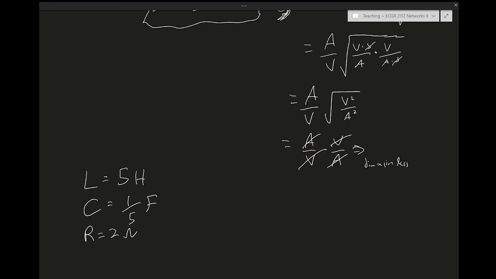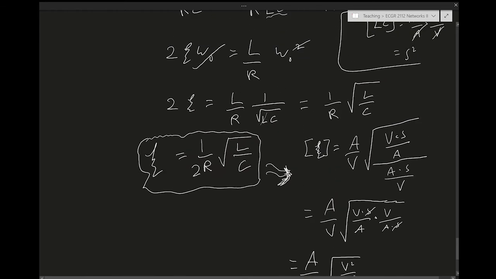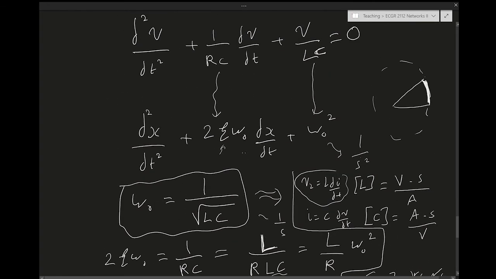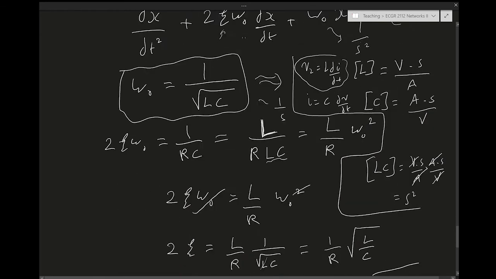Before continuing, I think I missed something here in the equation. Oh, okay, this is what I missed. There should be an x here equals 0, right? So it's not omega naught squared, it's omega naught squared times x. Okay.